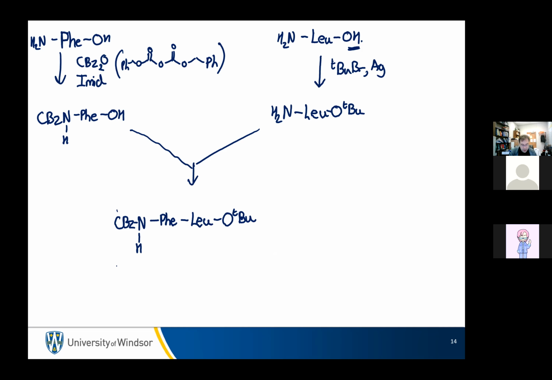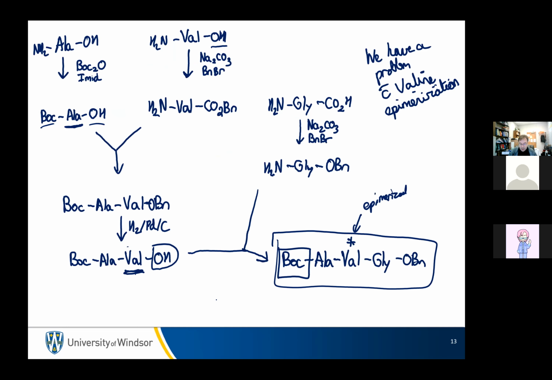And then what I want to do is deprotect this so I can couple it to the carboxylic acid on my glycine from my previous step. I can do that using hydrogen and palladium on carbon. And so now I've liberated my amine. I have this terminus protected from this guy.